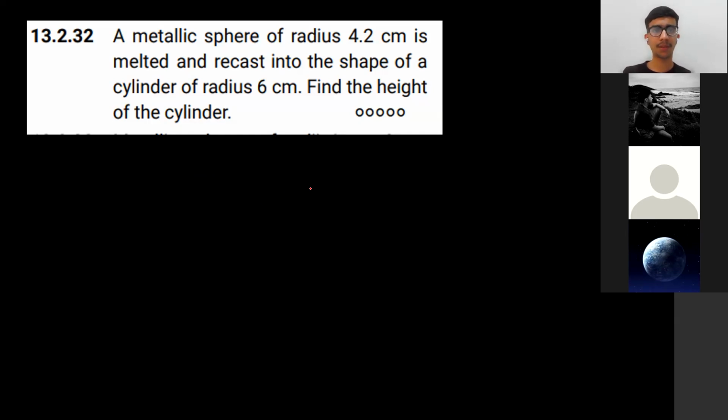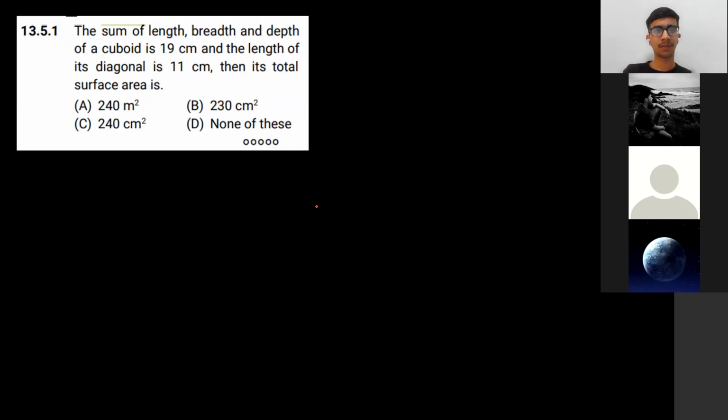So volume of sphere is equal to volume of cylinder. Yes, Elena, correct. Yeah, try this question.